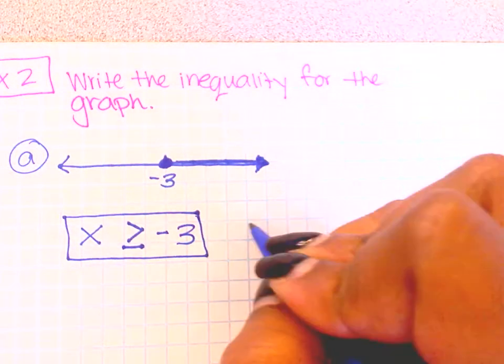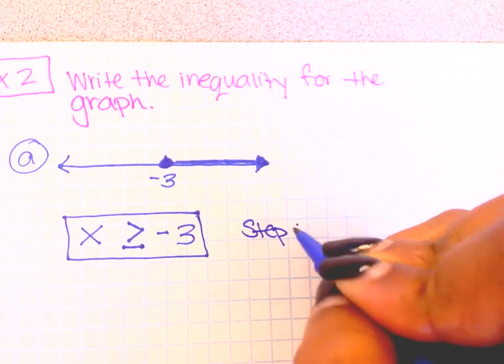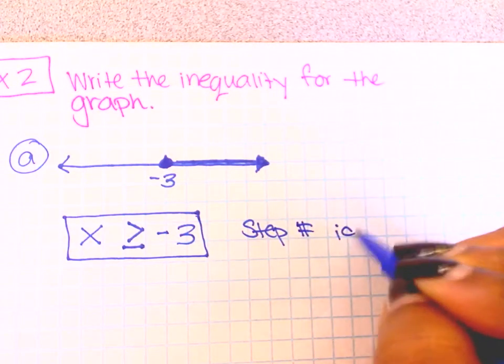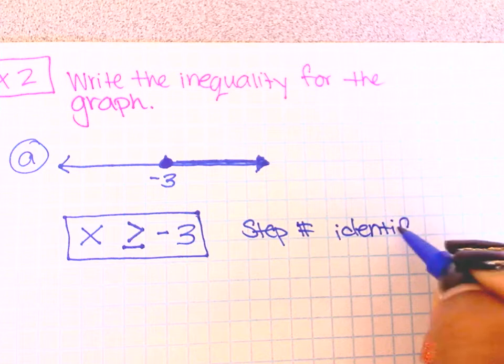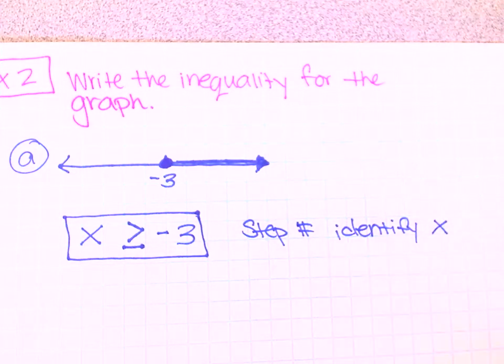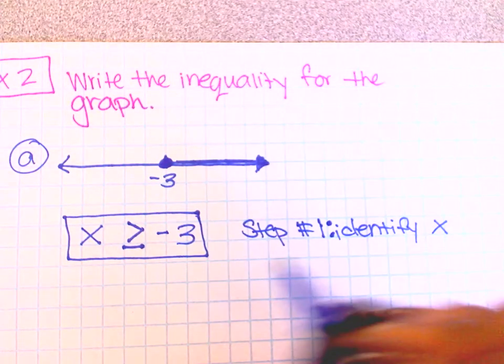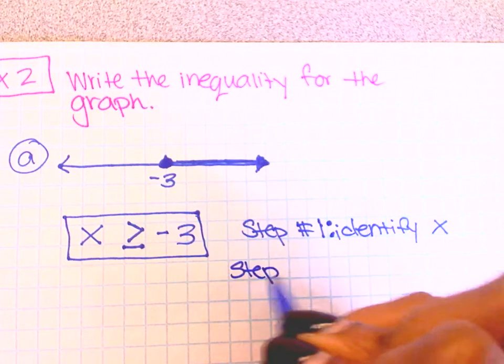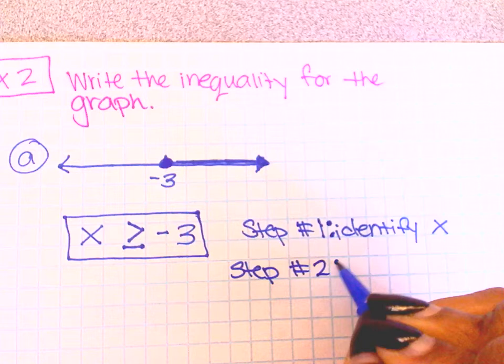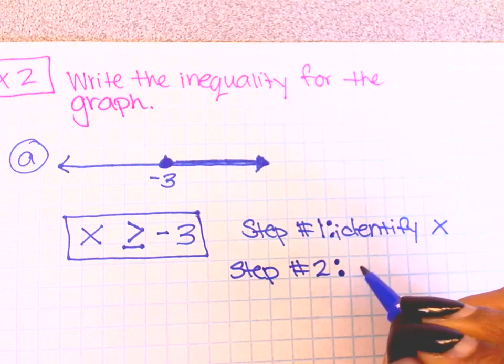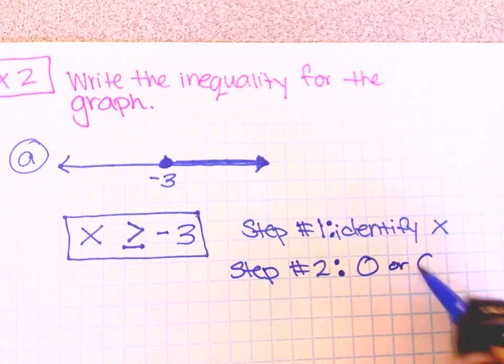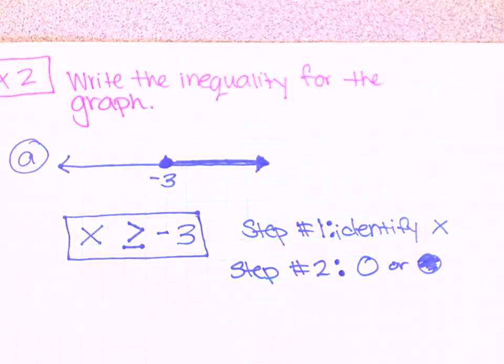Okay, so let's look at it. Step number 1. You identify x. You can call it s, you can call it t, but let's just call it x. That's step 1. And step 2, you have to examine whether it's an open circle or closed circle. Open or closed circle.